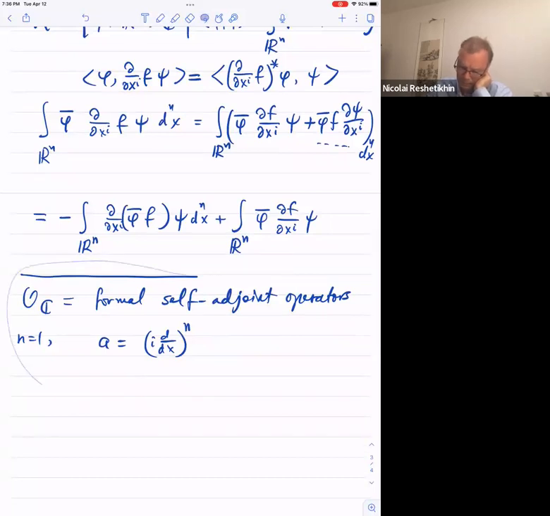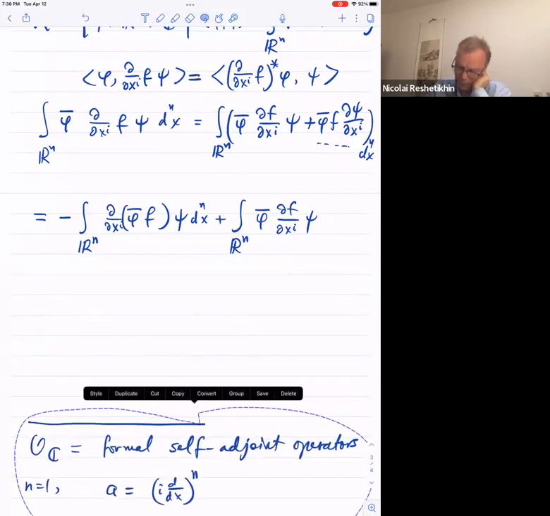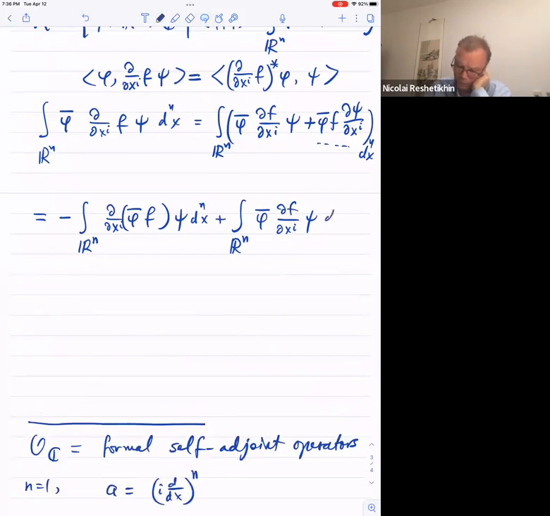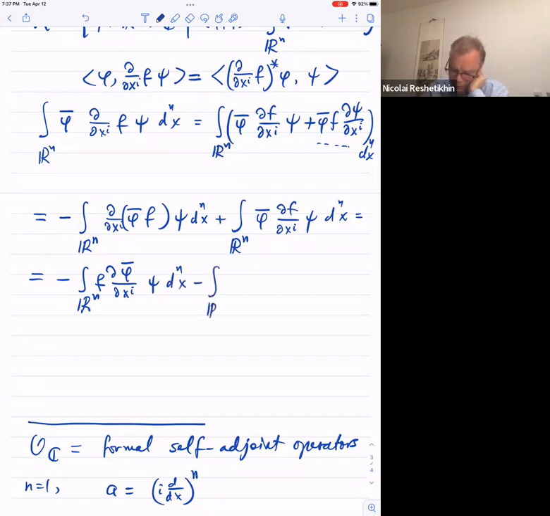Okay. So dnx. And then I use the product rule. And you see, this is minus Rn d phi dxi. I'll write f to the left, minus, when I differentiate f, it will be phi bar df dxi dnx plus this term.